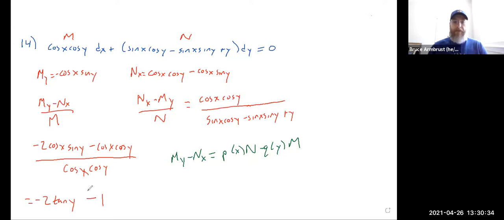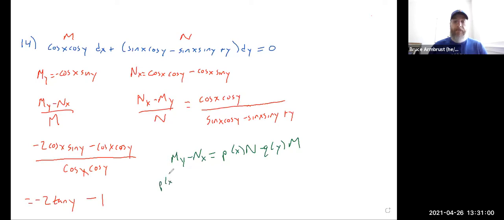Well, that was that function. So what we were looking at was a special case, but what we really want is to break it down so that there is some function of x times the n plus some function of y times the m. And this is the trick when it doesn't quite pan out the way you want. So here's what we would need.